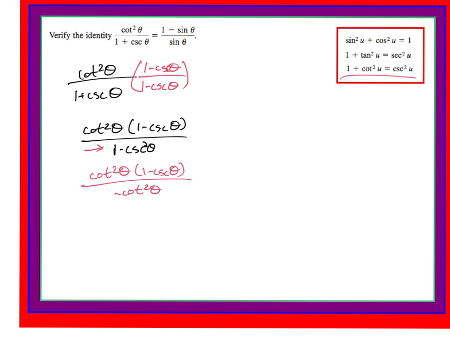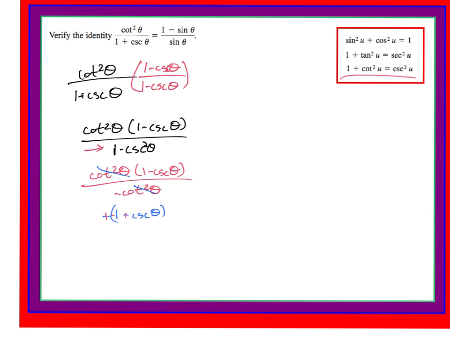So what happens? Okay, so cotangent squareds cancel. However, what do I need to be worrisome of? The negative. So now I have a negative 1 minus cosecant theta. What would I highly suggest you do right here? Distribute this negative. Before I forget about it, let's distribute.